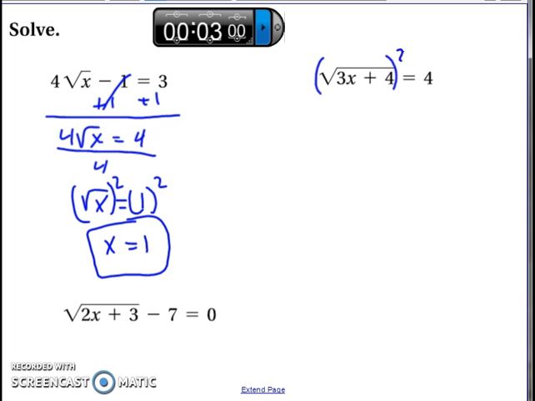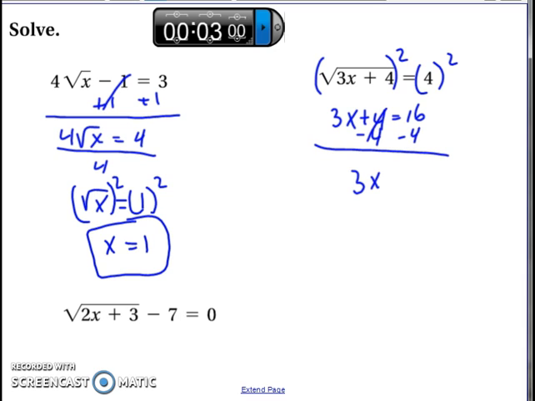Here, it's already isolated, so we square both sides. 3x plus 4 equals 16. Minus 4. 3x equals 12. Divide by 3. X equals 4. And then the last one we have to isolate, so add 7.